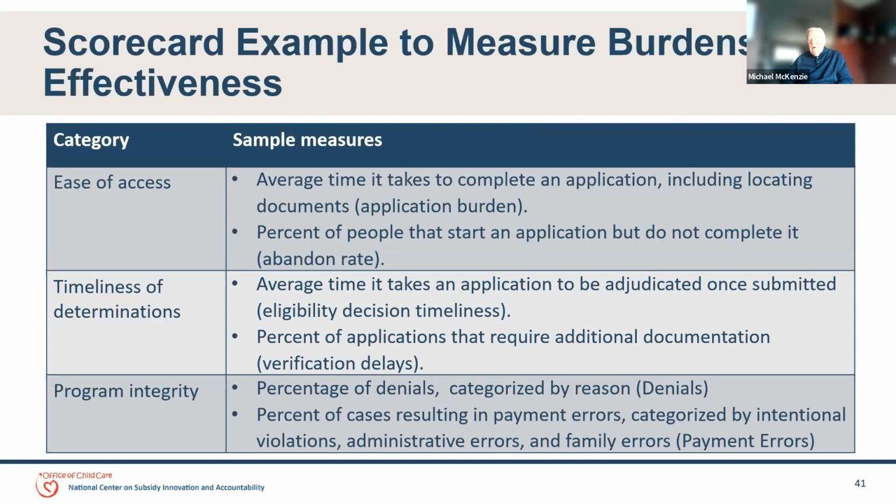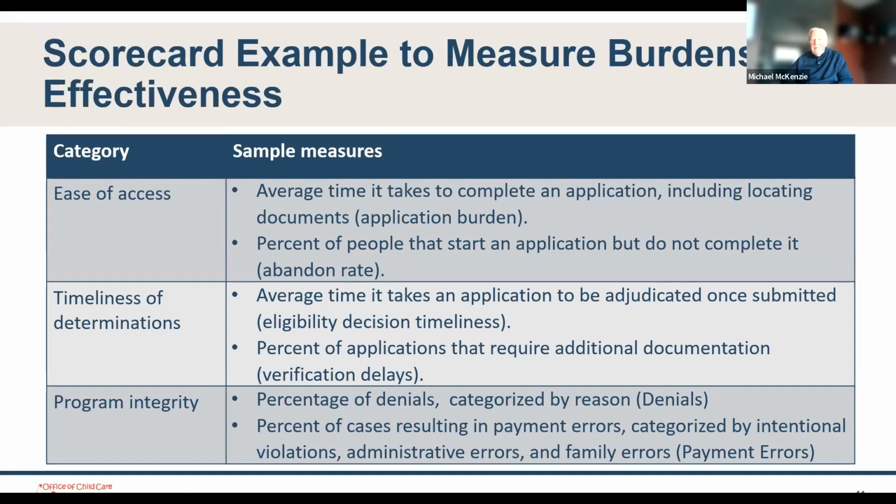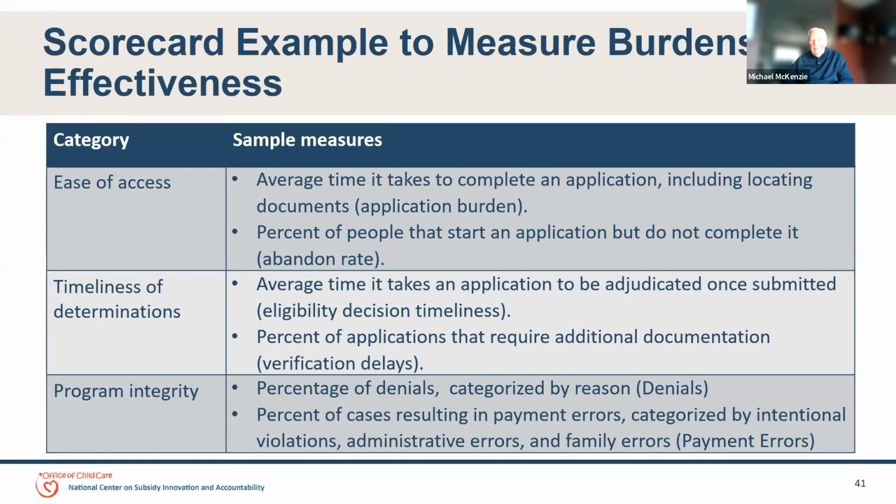So one effective way to measure the effectiveness of any change you make is to create a scorecard. What you see on the screen right now is just an example of a scorecard for you to consider.